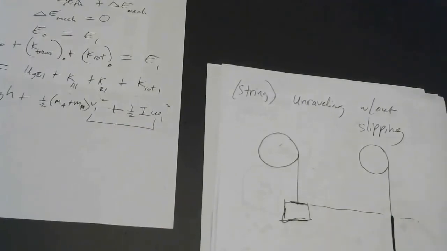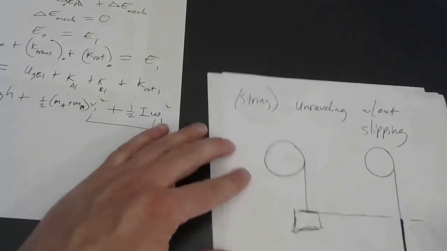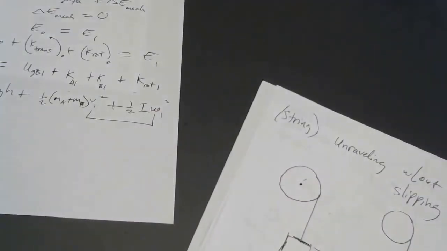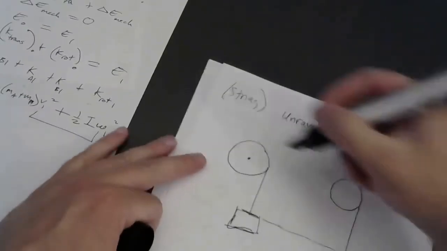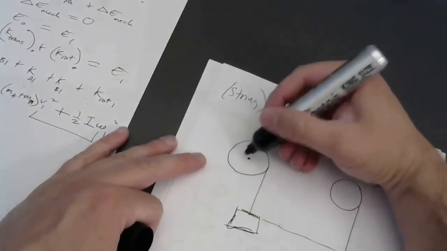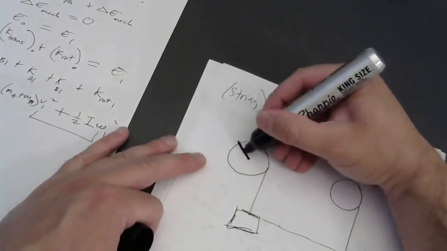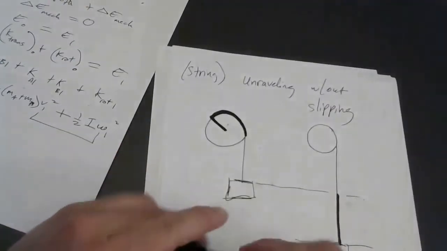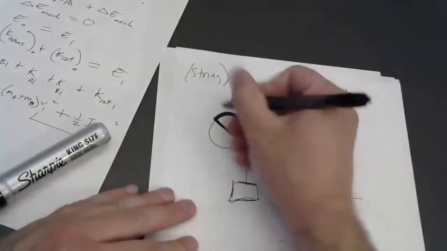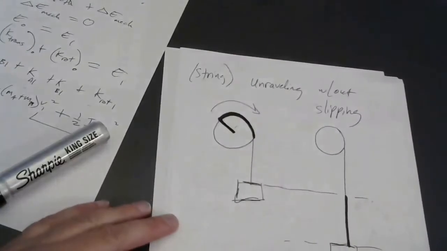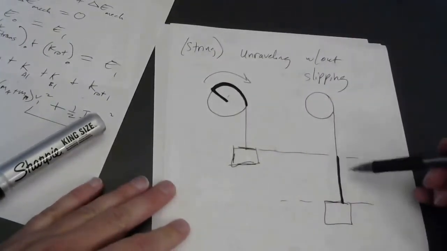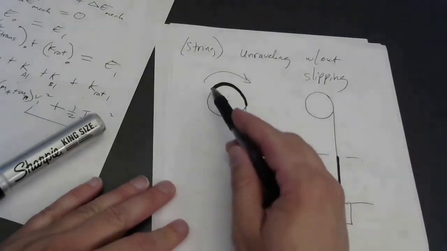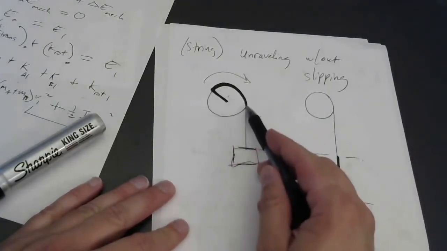Okay. Can I do this right? Yeah. Okay, so I'm going to imagine that you've painted a radius onto the pulley right about here. Do you see that as this thing rotates clockwise, the length of extra string that we acquire here has to be equal to the arc length turned through.